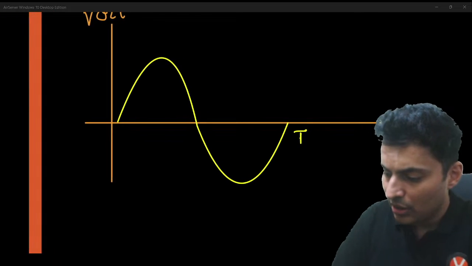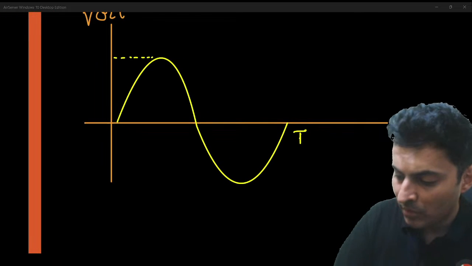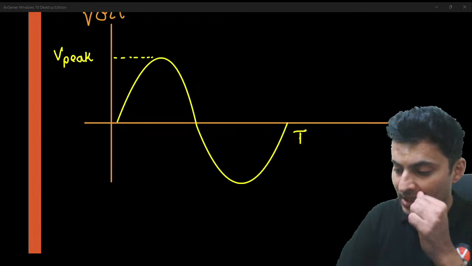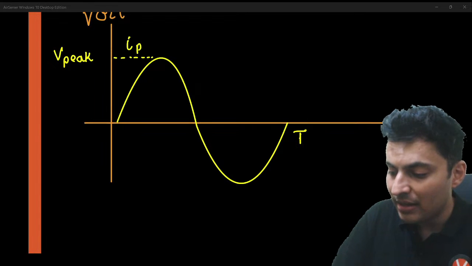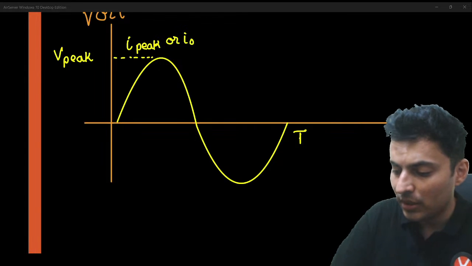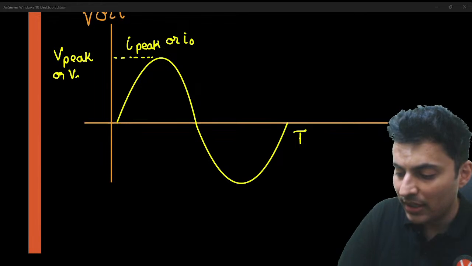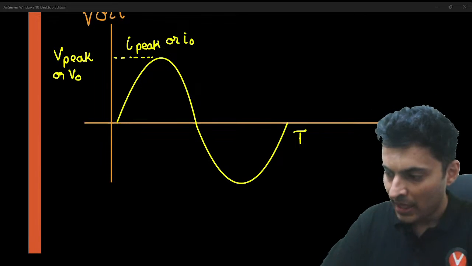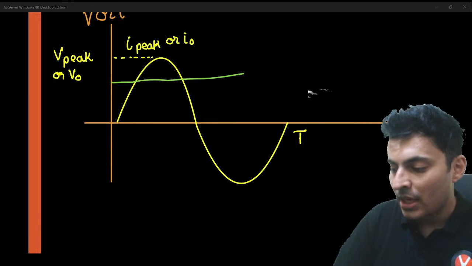First things first, you should know this point is called the peak point, or the peak voltage, or the peak current. Sometimes it is also called I naught. Sometimes this is also called V naught. Next important thing which you should know is RMS value.